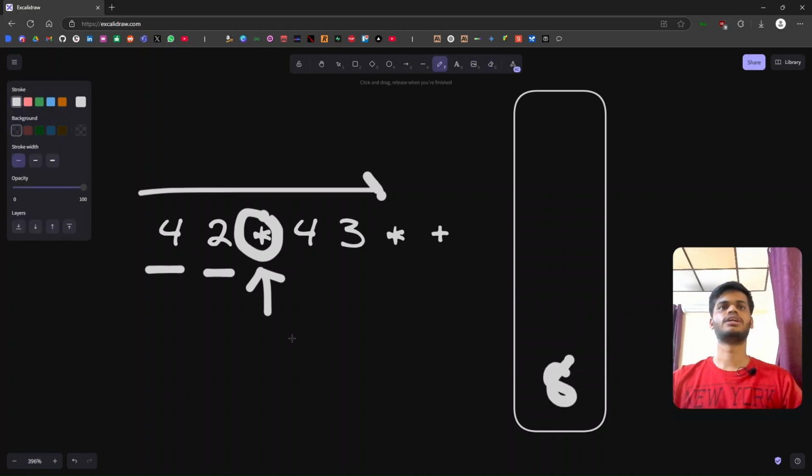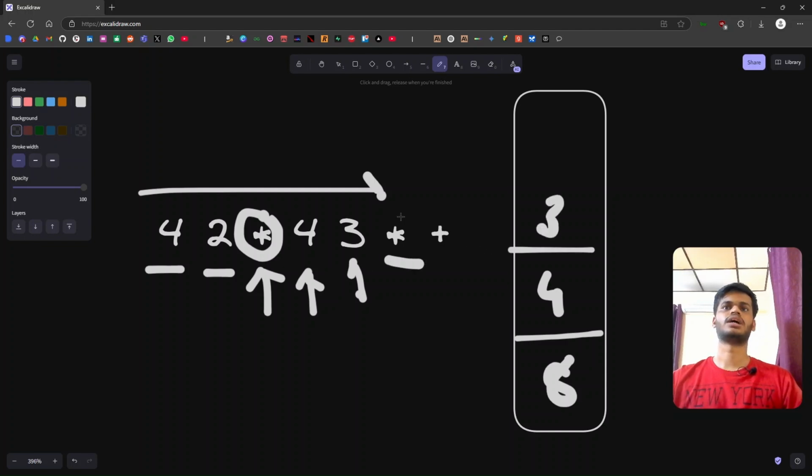Okay, till now we are done. Then we got a 4, it's a number, so we push it to the stack. We got a 3, we push it to the stack. We got a multiplication sign again, so we remove these two, multiply them, and add the result back to the stack. So 4 threes are 12. So we have 12 and 8 in the stack.